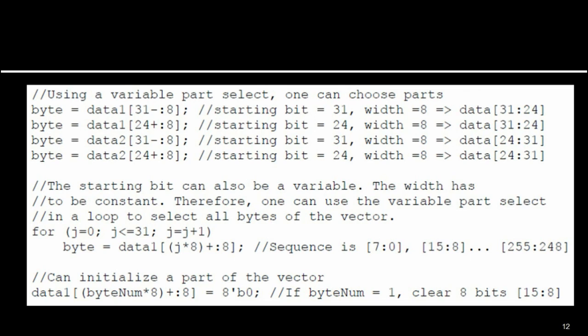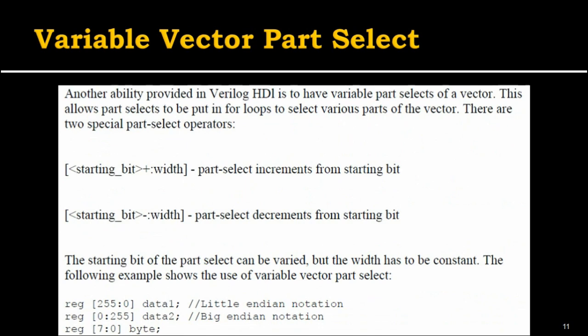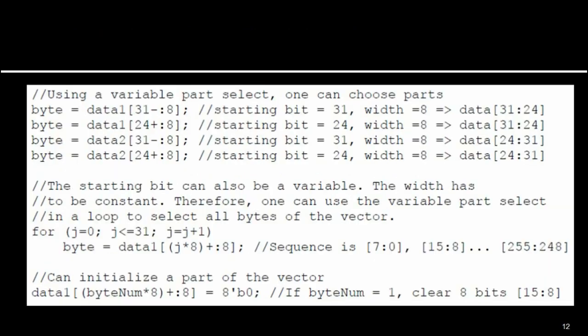Then consider the third example, which is from data2. Data2 is declared in big endian notation, so it is just the opposite. In 31 -: 8, the constant is 8, 31 is the starting bit and the width is 8, so the data range is 24 to 31.